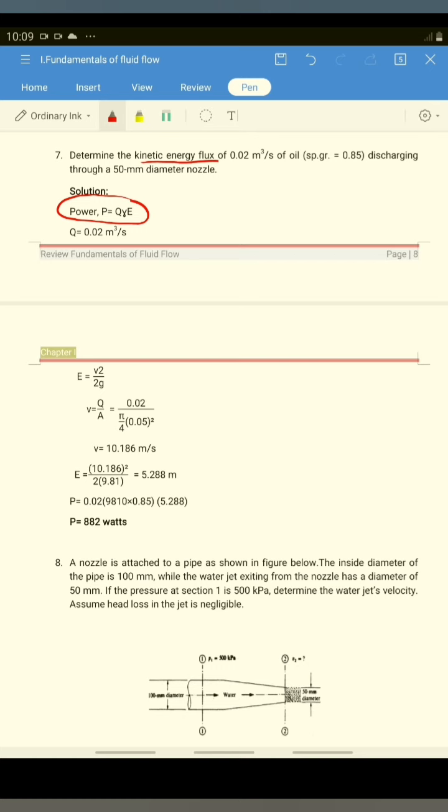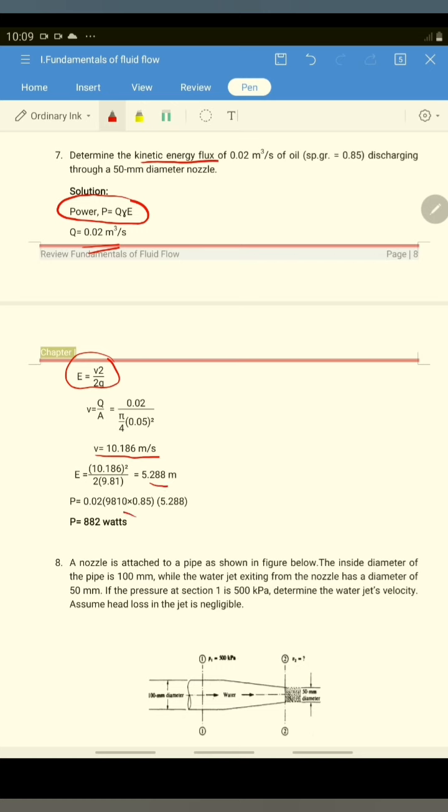So, since Q is given, you can now get the velocity, which is equal to 10.186 meter per second. For the head, from this formula, 10.186 squared over 2 times 9.81 is equal to 5.288 meters.